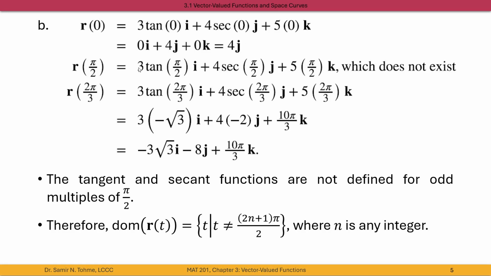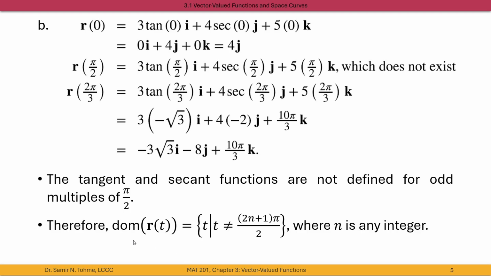For r of pi over 2, we know that tangent pi over 2 and secant pi over 2 are both undefined, so there's no result that exists for r of pi over 2. So this is a restriction for this vector function. For r of 2 pi over 3, replacing this value in this function, you're gonna get this result. Okay, so this vector function is valid for all parameters t except for pi over 2.